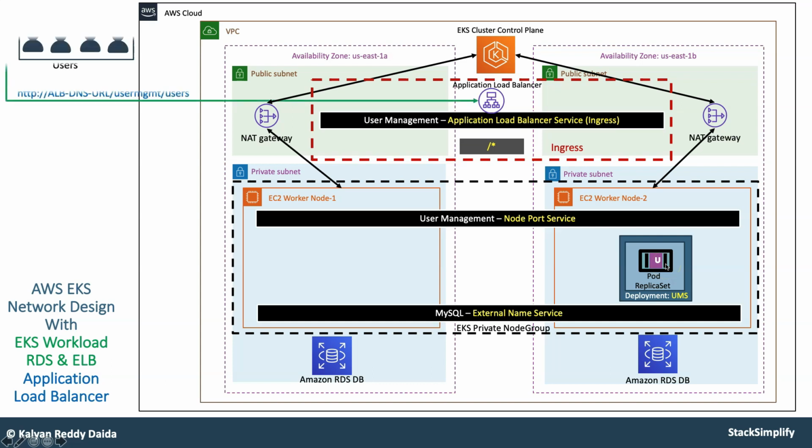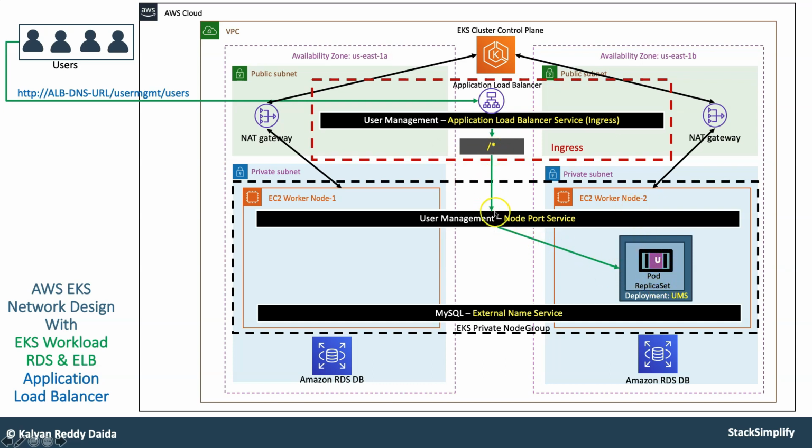Users will access the ALB DNS URL /usermgmt/users, which is the list users API in our user management application, over HTTP, the default port. The request comes in, it checks the path where it should go, and it goes to this respective UMS pod.